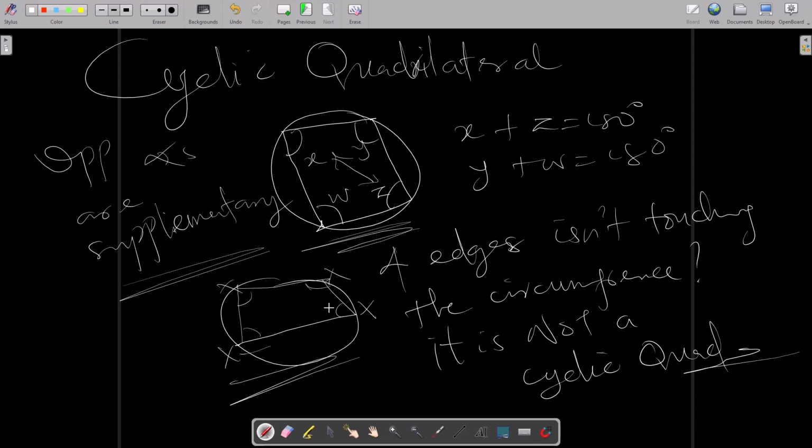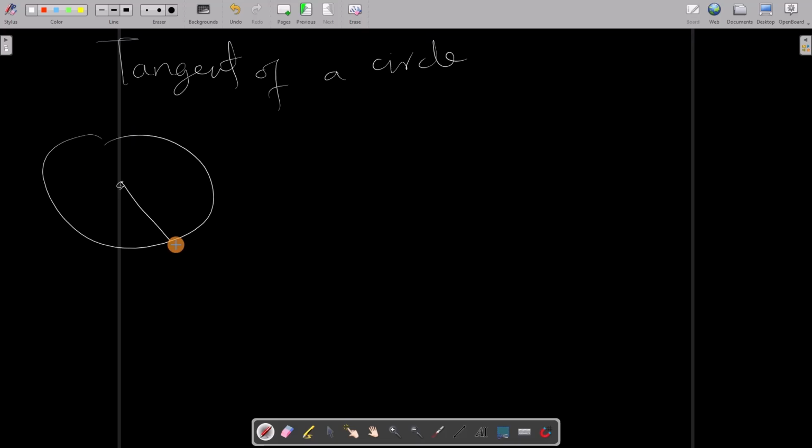Okay, all right. So next thing I'm going to do is the tangent of a circle. I'm going to do 2. Now the first one says the line from the center to the tangent is also perpendicular.